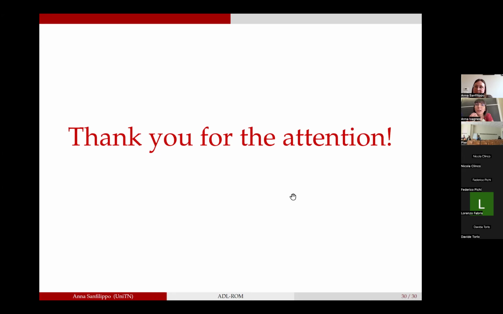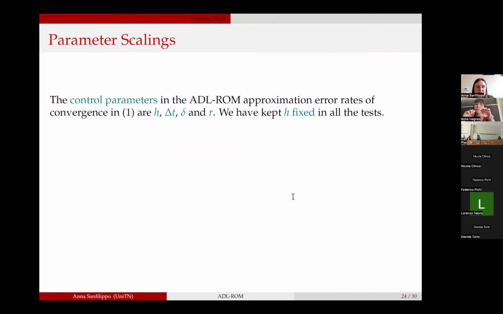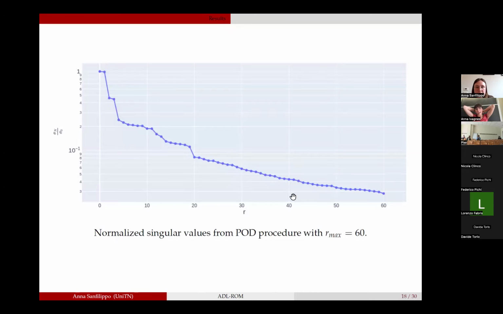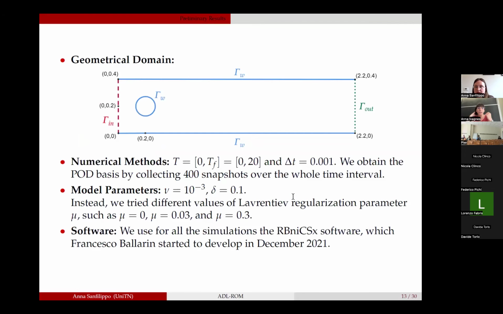Can you come back to the test case of the flow past the cylinder? Like a curiosity. Okay, so the Reynolds number here was 100, right? Yes. Okay, 100. So did you try with a higher Reynolds number for this test case?